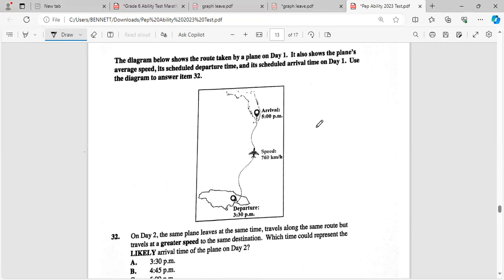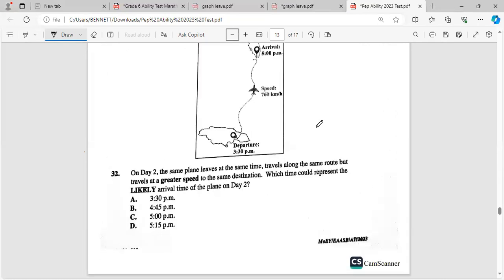It also shows the plane's average speed and scheduled departure time, and its scheduled arrival on day 1. Use the diagram to answer item 32. On day 2, the same plane leaves the same place and travels along the same route. It travels at a greater speed, but to the same destination. What time is it likely to arrive on day 2? Alright, so let's see the options now.